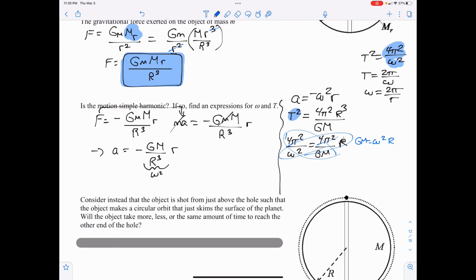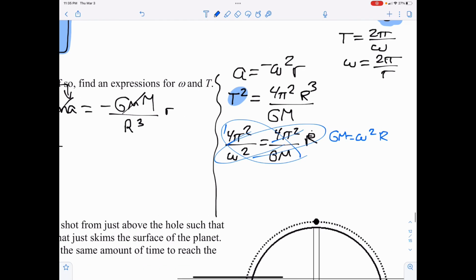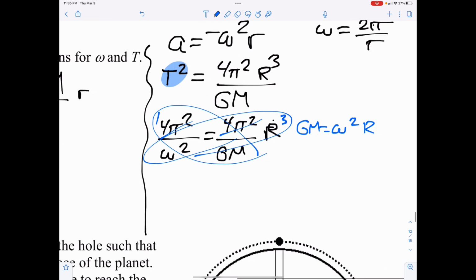So I'm going to divide both sides by r cubed, and there you are. Omega squared is equal to GM over r cubed.